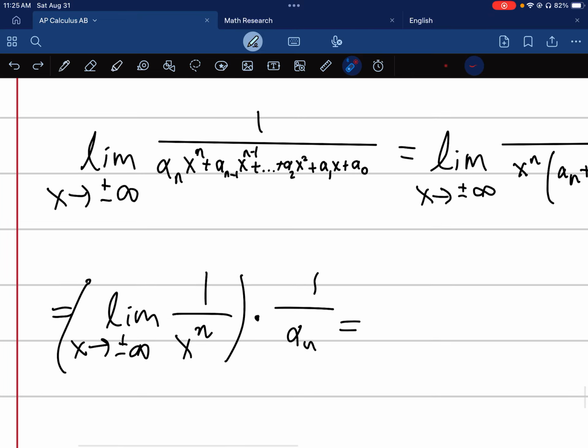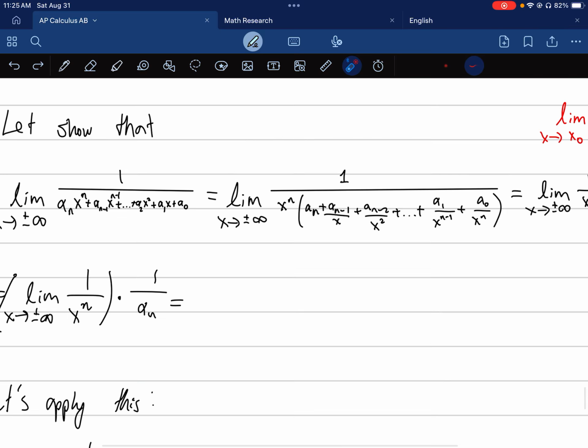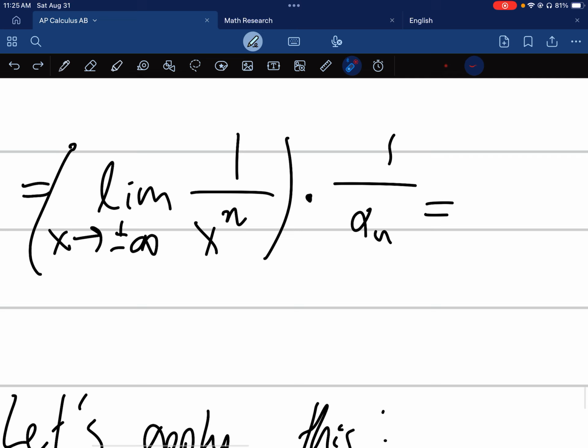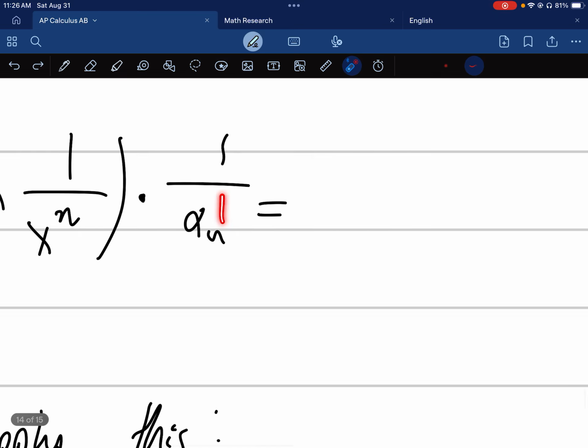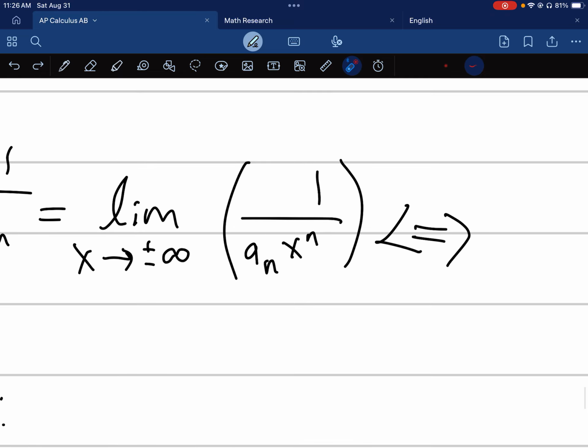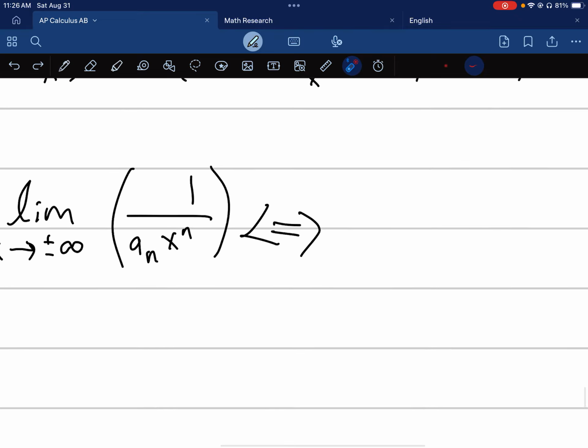Over here, since we have the limit of a constant term, 1 over a to the n, we can just express that as the constant term itself. So the limit of this times that, we can put back inside our limit to get the limit as x approaches plus or minus infinity of a sub n x to the n.